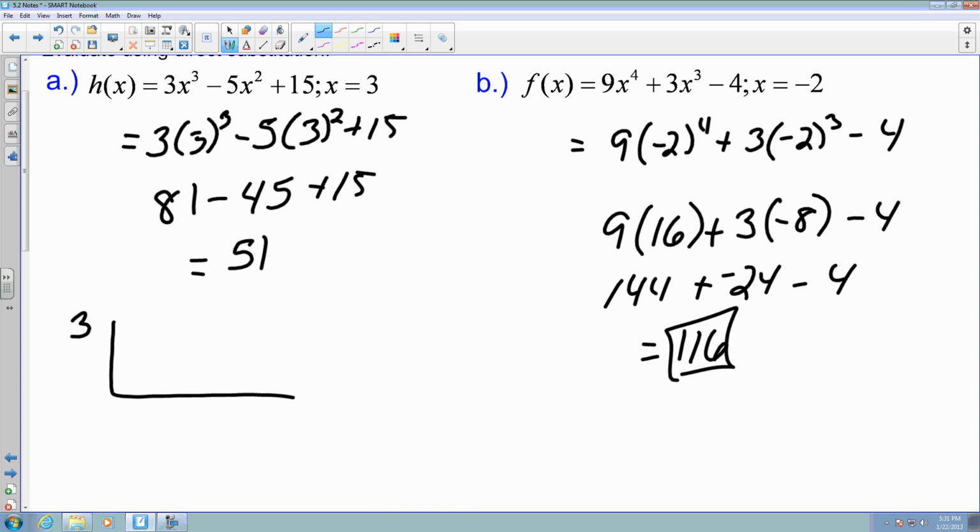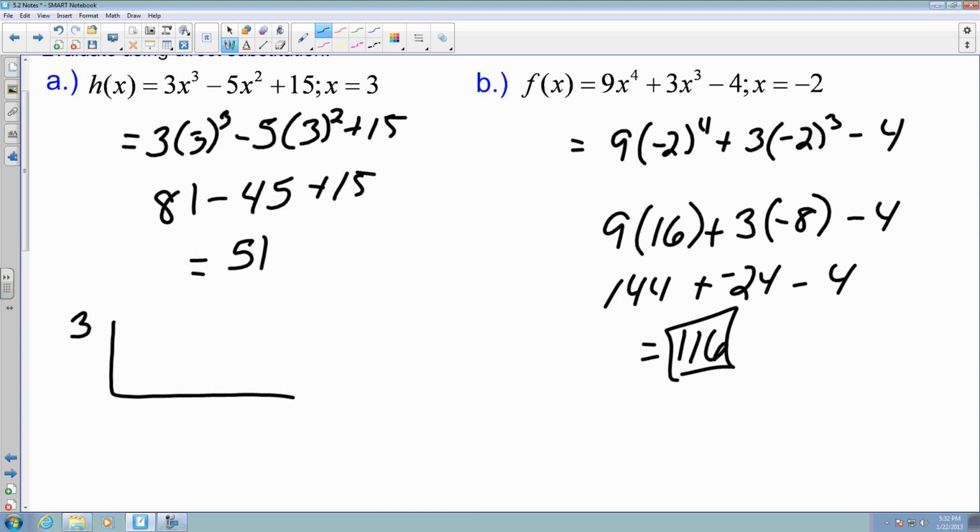Then inside of this box on the top, you're going to write down the coefficients of each of the variables. Now, if it doesn't give you one of the variables to some power, I want you to write 0 as the coefficient.